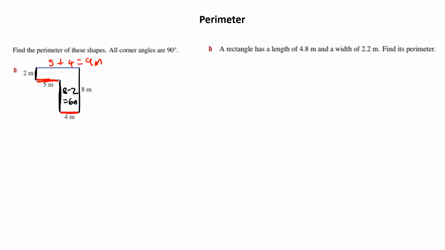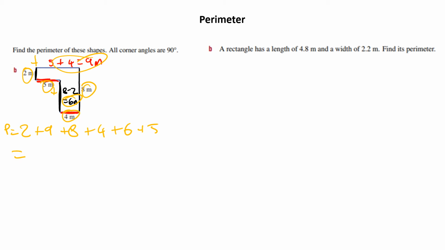Okay. So let's actually now add those up. So I had 2 plus 9, so I'm going to put P equals, that counts for that, plus 8, so I've accounted for that, plus 4, and then that's 6 plus 6, and then I'm going to add this last one, plus 5.